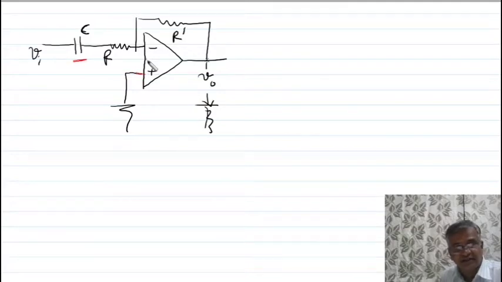The two points I am telling you are: first, due to infinite input impedance, these two terminals do not draw any current. Second, due to infinite open loop gain, the voltage drop between these two terminals tends to 0. These two points are summarized as a virtual ground, and the equivalent circuit of this inverting AC amplifier is shown in the figure.